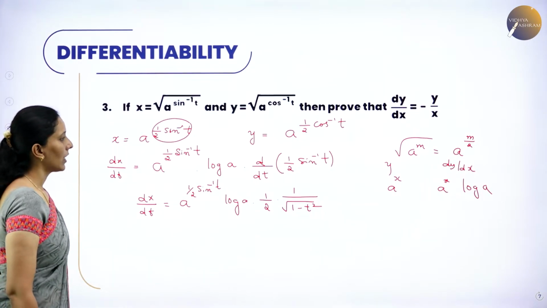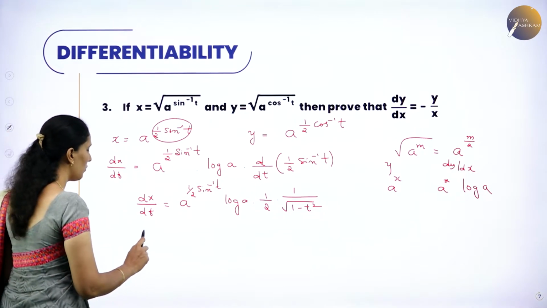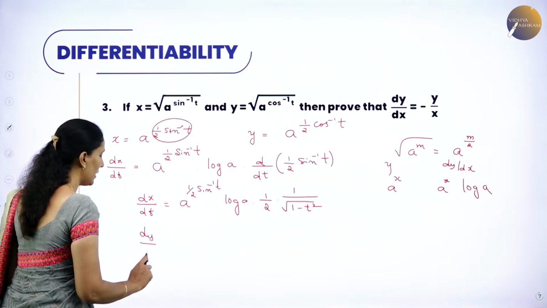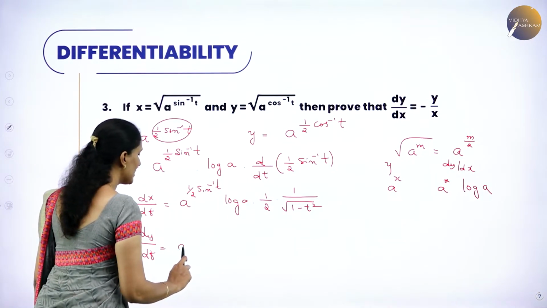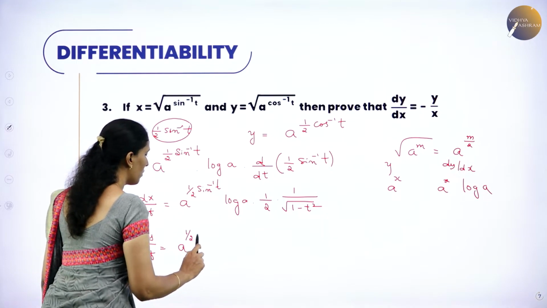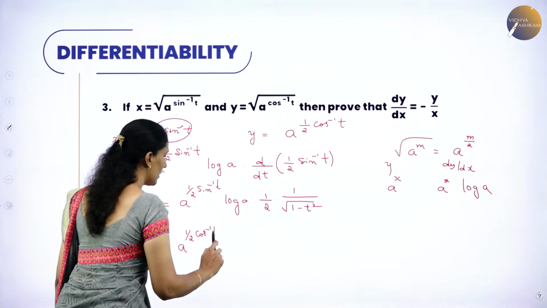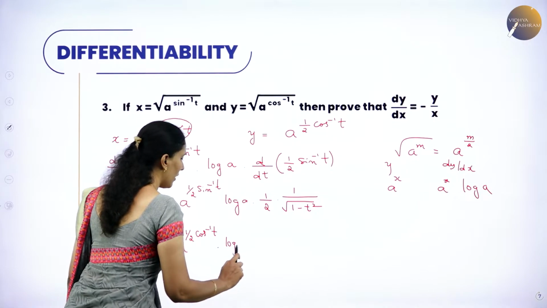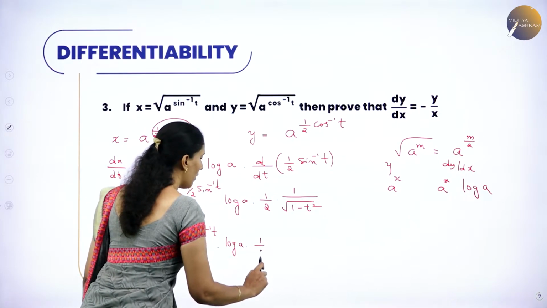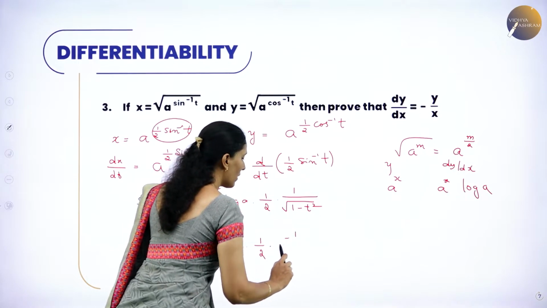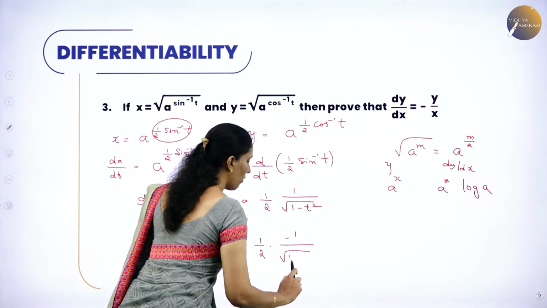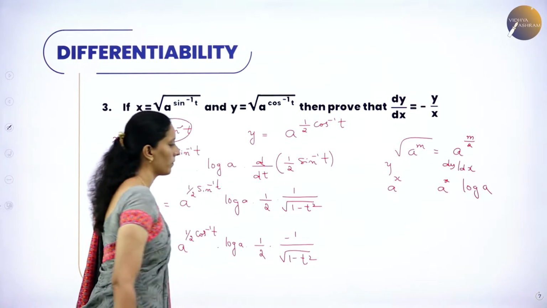Now similarly, if you find dy/dt, clearly you can write this as a^(1/2 cos inverse t) into log a into half, and the derivative of cos inverse t is minus 1 divided by root of 1 minus t square.